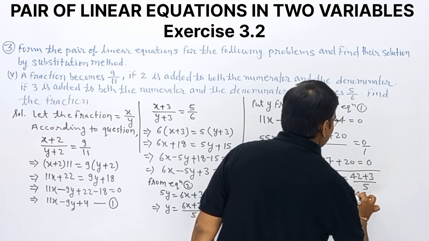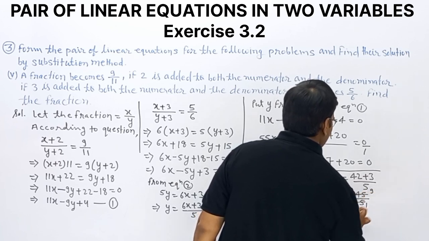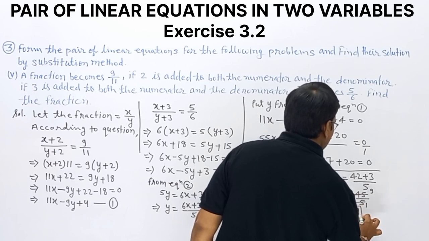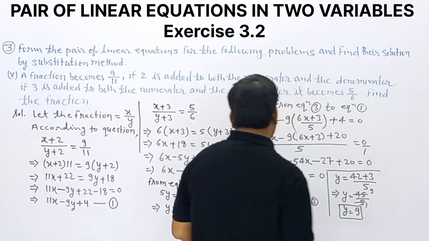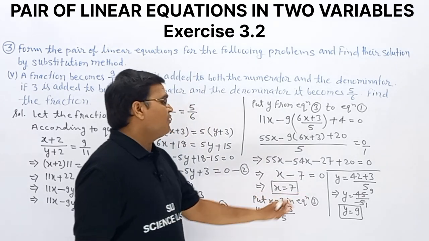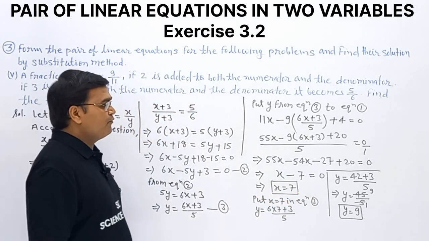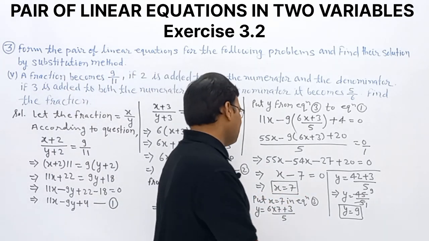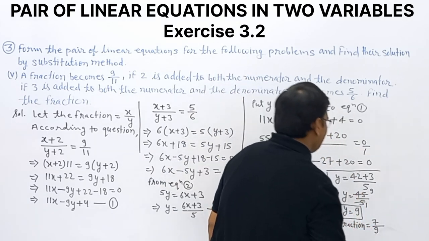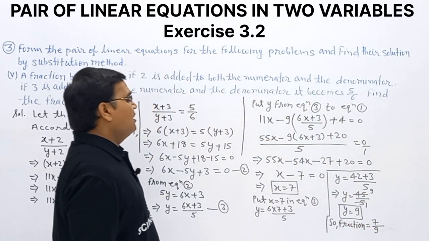So 9 times it is going. So y equal to 9. x equal to 7 and y equal to 9. So the fraction we require is 7 upon 9.